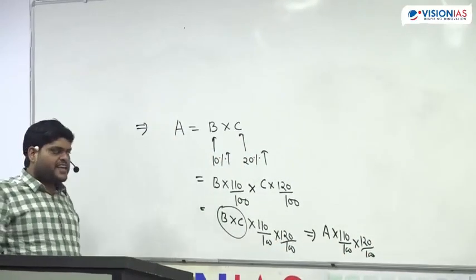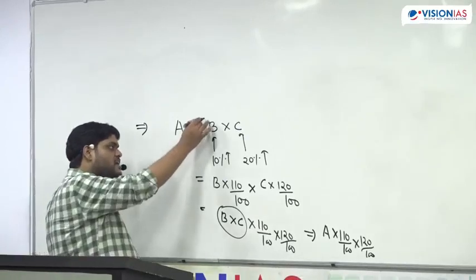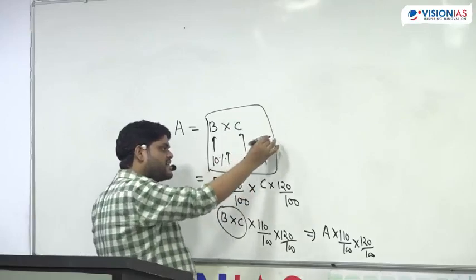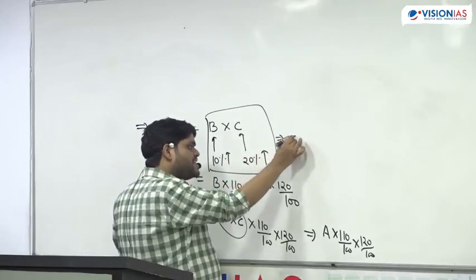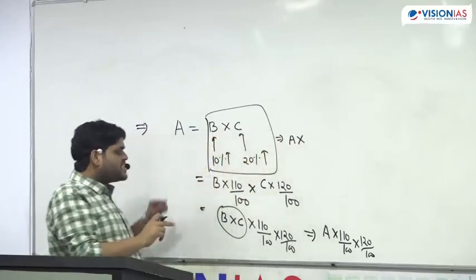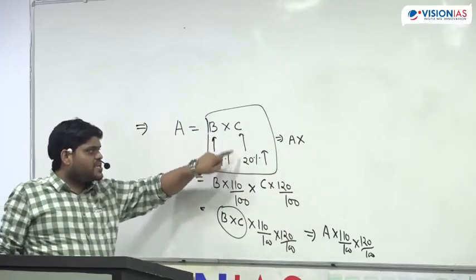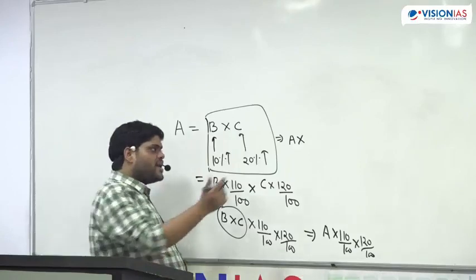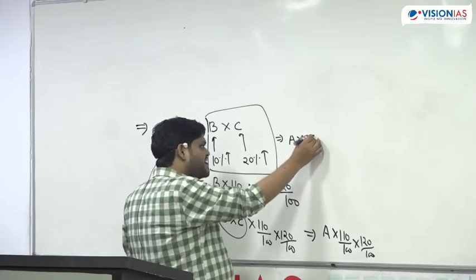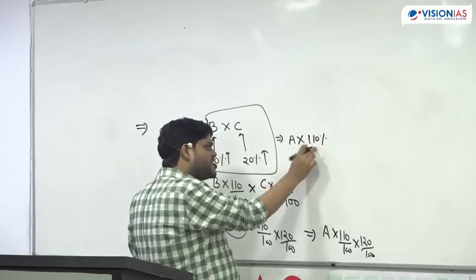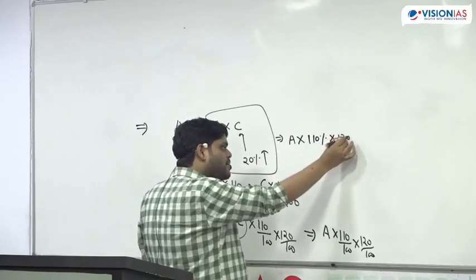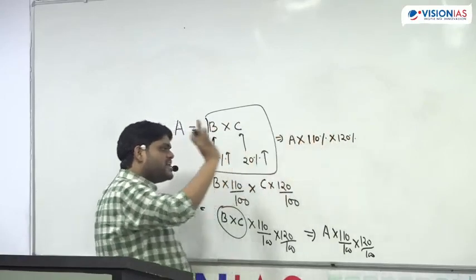So if you look very closely, what is the meaning of this? When we are increasing 10% in B and 20% in C, the simple meaning is, we are simply increasing 10% in A, then whatever value comes, we are increasing 20% in that.